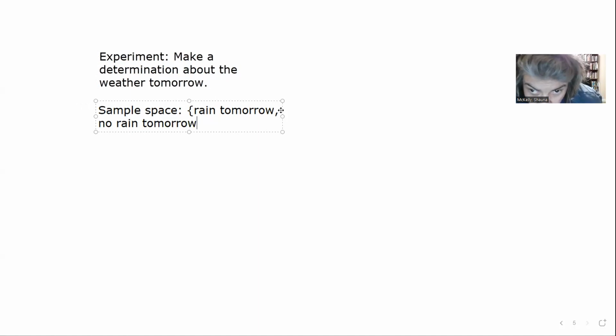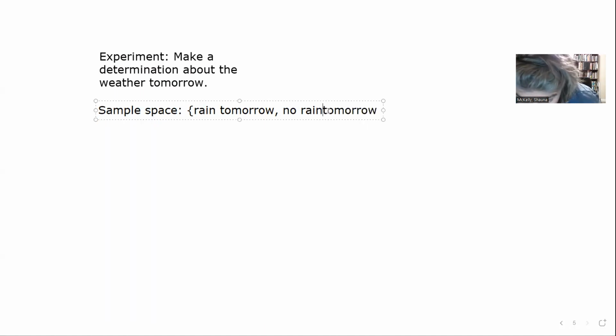We're not talking about what other kind of weather we could have. We could have snow, we could have sleet, we could have blazing sun, depending on where we are and what the temperature is. But in this case, we don't care what the weather is. It's just a matter of either rain or not, okay?